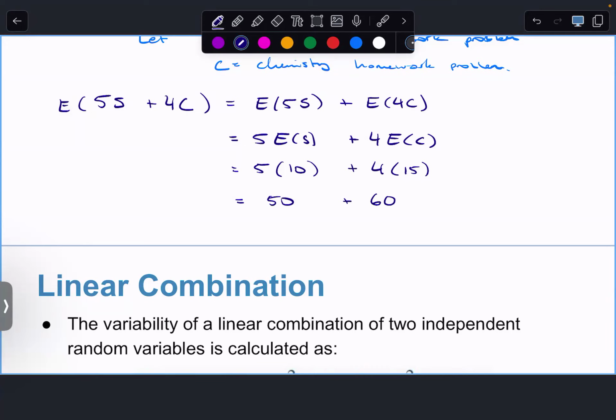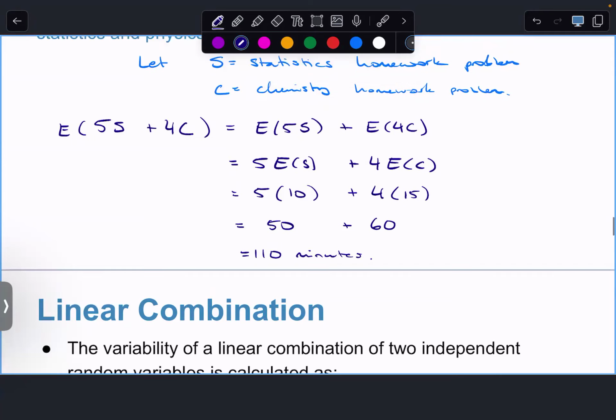Or 110 minutes. Oops. That is how long you would expect to spend on all these questions. All your homework, can you imagine, done in 110 minutes? Expected to be done in 110 minutes, right? There's variability there that we're avoiding, because we don't have the probabilities associated with each question.